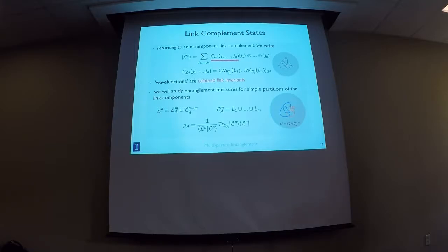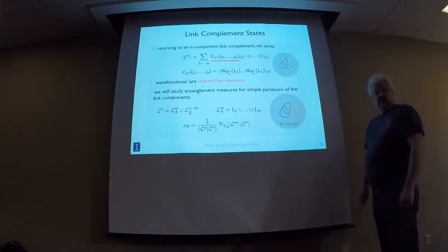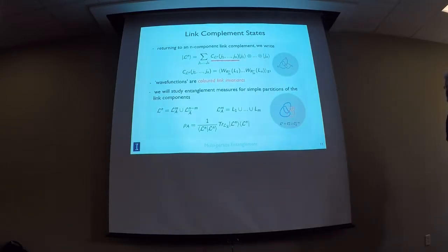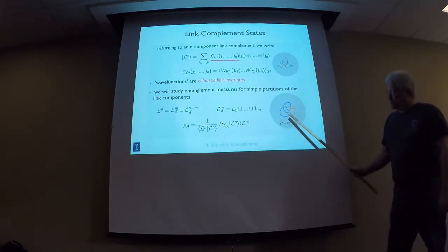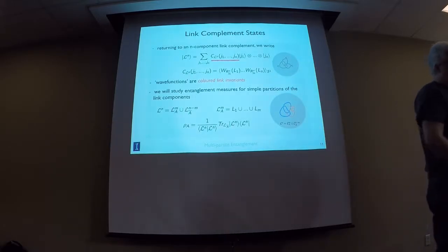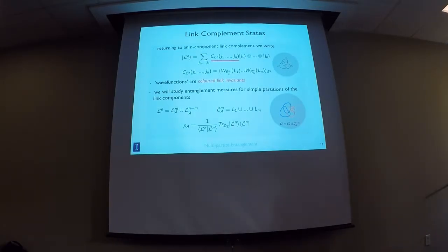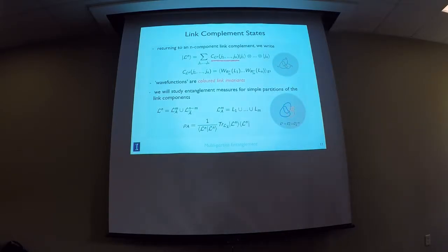I'm talking about the total Riemann surfaces, right? In other words, I'm not slicing up the Riemann surfaces as we did in the one component case previously. I'm just taking subsets. And so I'm going to construct a reduced density matrix by just tracing over, say, the red ones in the picture. Okay, what does that mean? It means tracing over. I can do that in this basis that I construct.